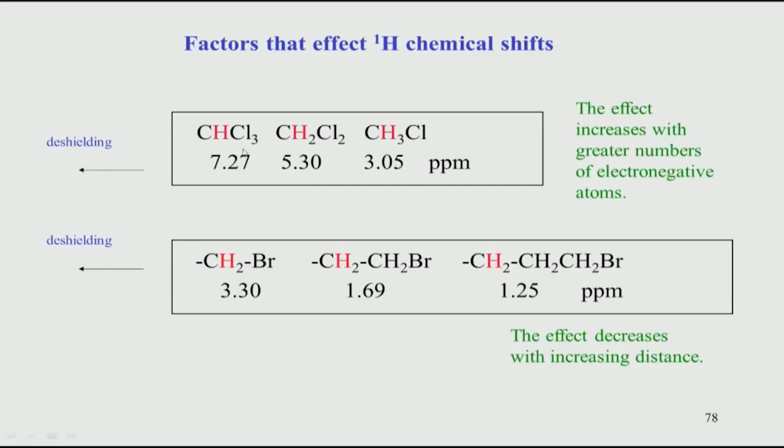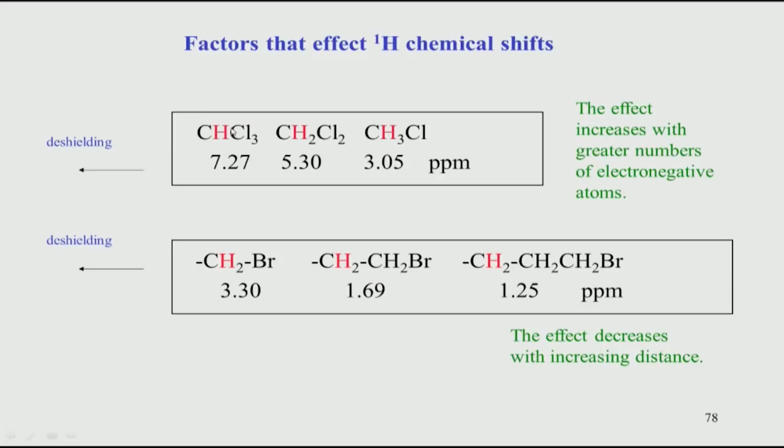They very strongly pull the electron density away from the carbon and hydrogen, and therefore this hydrogen has very little electron density around itself. If it has less electron density, it is less shielded from the main magnetic field, and therefore it becomes de-shielded.